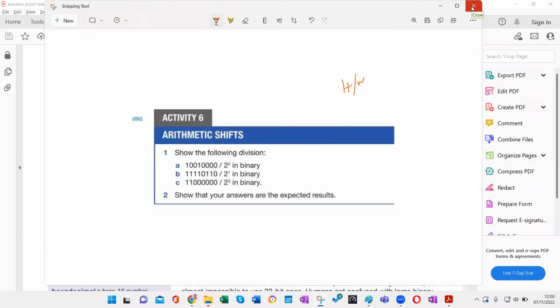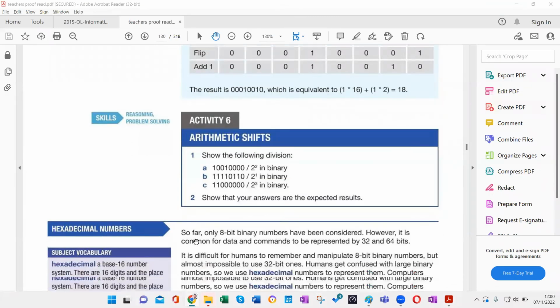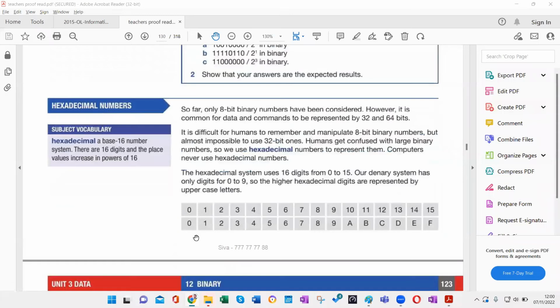Show that your answers are the expected results, just like we checked at the end whether the answer is correct. Don't be shy. Then I will correct it and give it back to you.